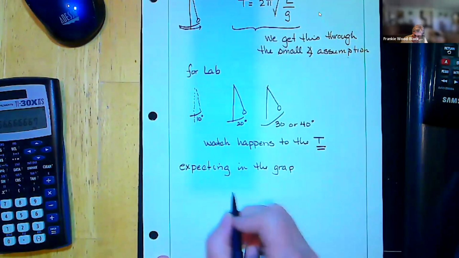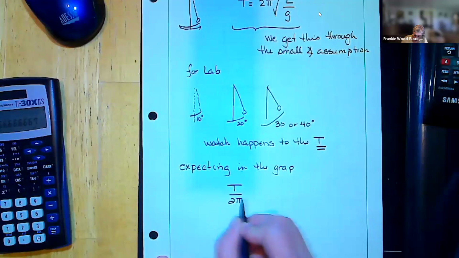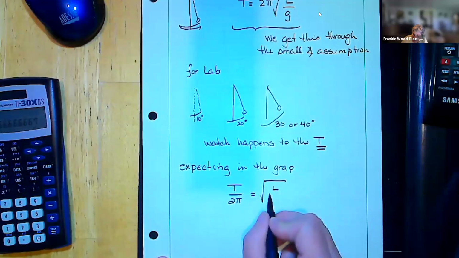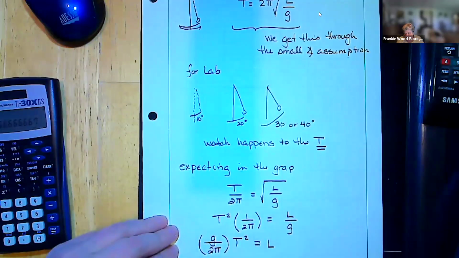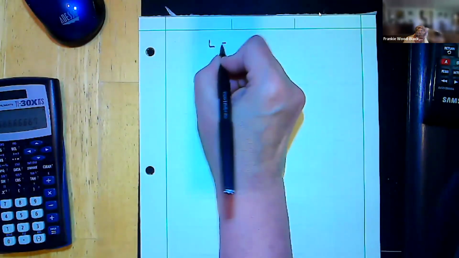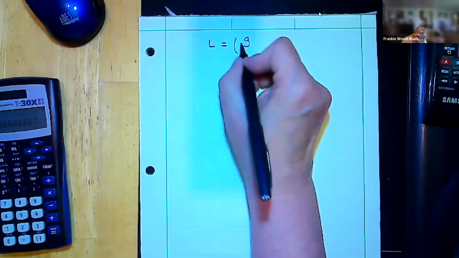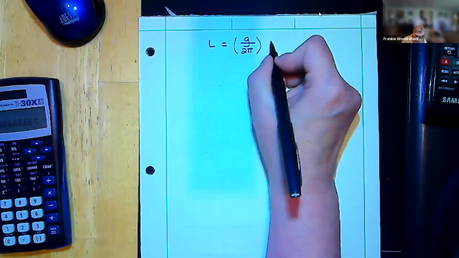You're going to have to do T divided by 2 pi is equal to the square root of L over G. We're going to square both sides, so I'm going to get T squared over (2 pi) squared is equal to L over G. I'm going to get G T squared divided by (2 pi) squared is equal to L. If I look at this equation, L is equal to G divided by (2 pi) squared times T squared.